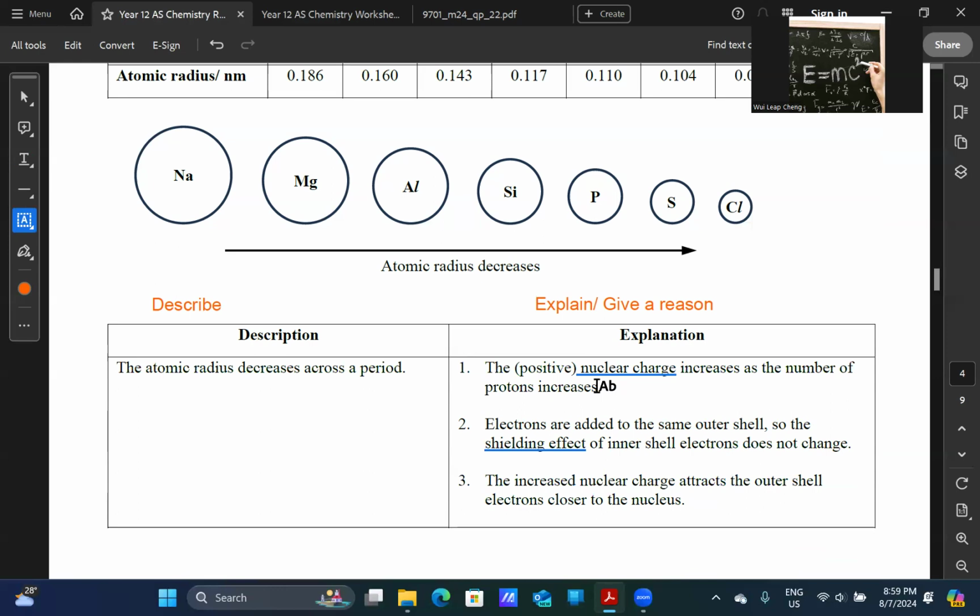Okay? If you observe a trend of the atomic radius in another period of elements, if you observe the trend showing that the number of protons decreases, then the answer is the nuclear charge decreases. I want to highlight here, nuclear charge depends on the number of protons.